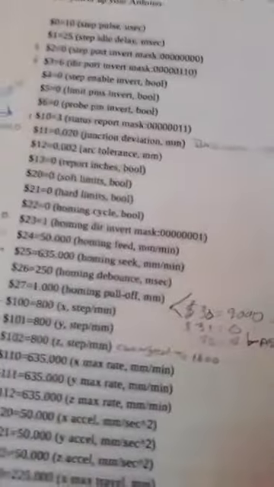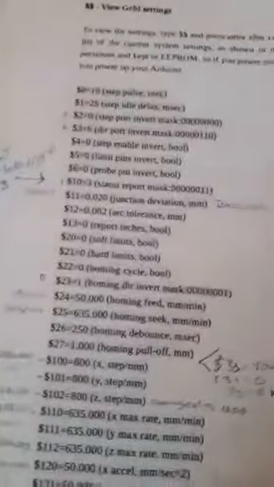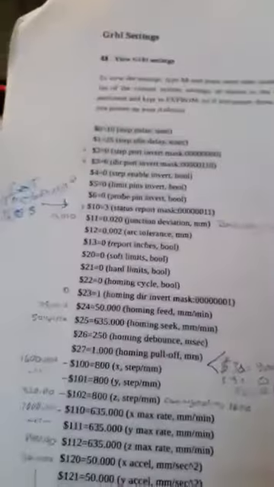People have said to me, "When I changed over from spindle to laser, my laser won't turn on." The first thing I had them do was look at $32. If it has 1, it means it's a laser unit. If it's 0, then you're using the spindle.